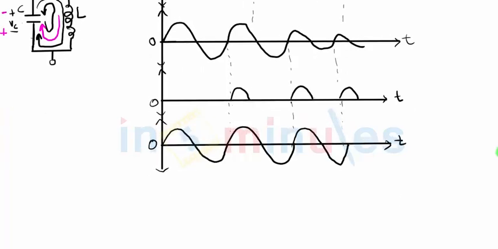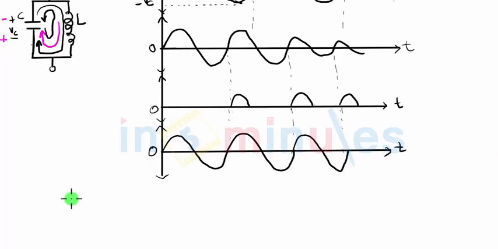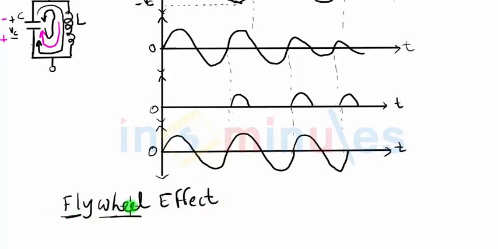This whole feature of the tank circuit is called flywheel effect. So what is flywheel effect? It is nothing but the generation of sustained oscillation in the tank circuit on the application of external current pulses, which account for the loss of energy taking place from every cycle to the next cycle.